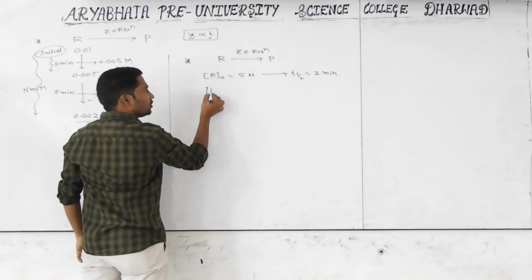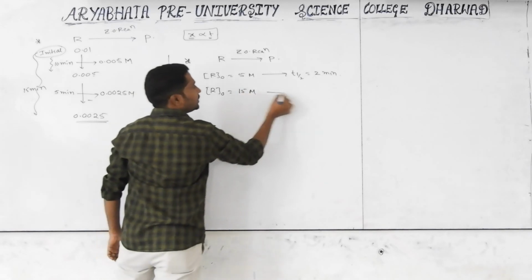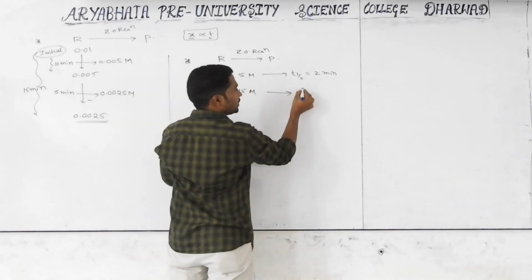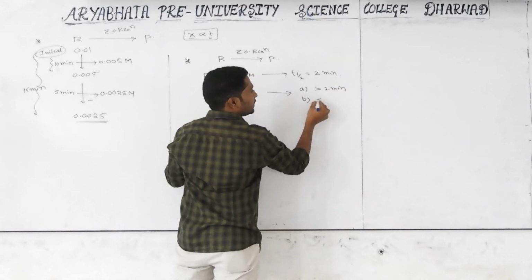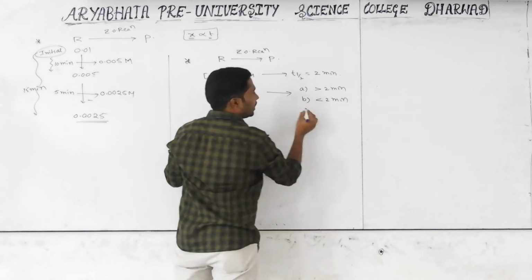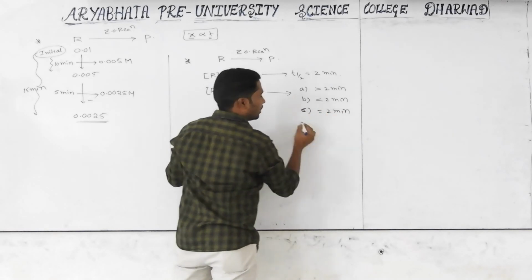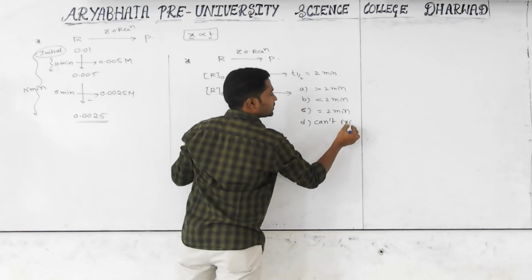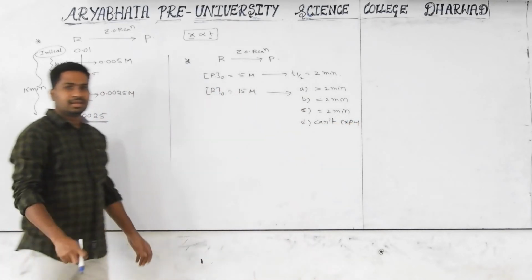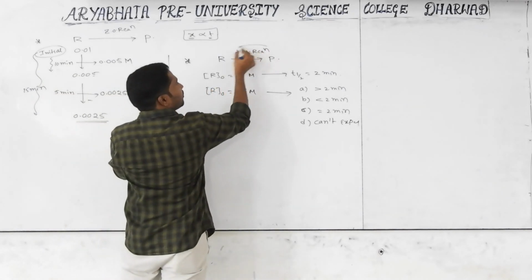If the initial concentration is taken as 15 molar, then half-life time is: option A, greater than 2 minutes; option B, less than 2 minutes; option C, equal to 2 minutes; or option D, can't expect. Can't expect means we can't tell. Yes, you should notice very carefully how zero order reaction is mentioned.